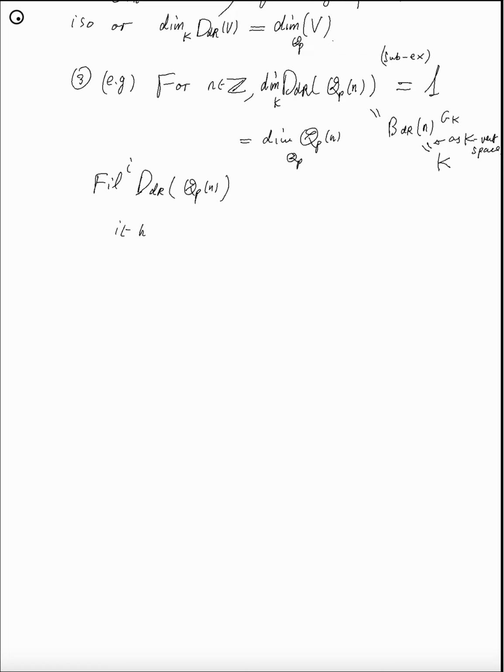It has a unique filtration jump in degree minus n. In other words, the graded piece minus n is non-zero.